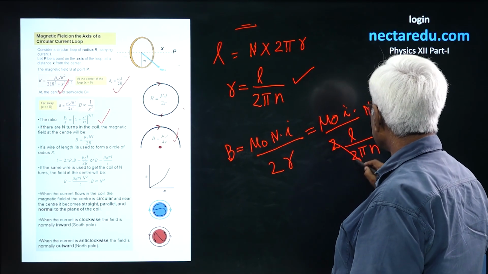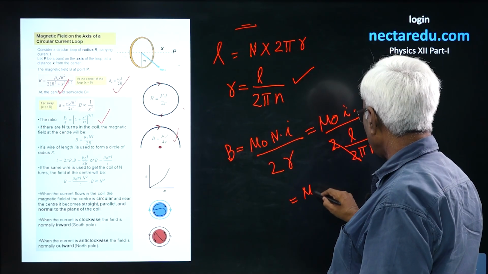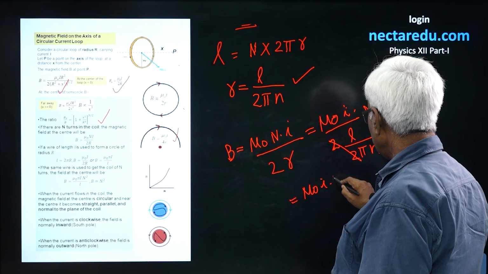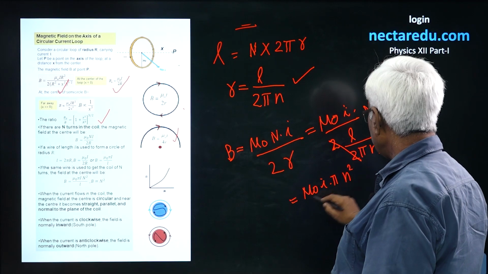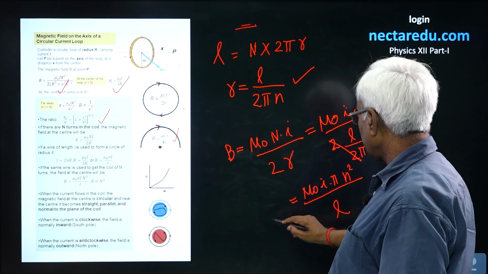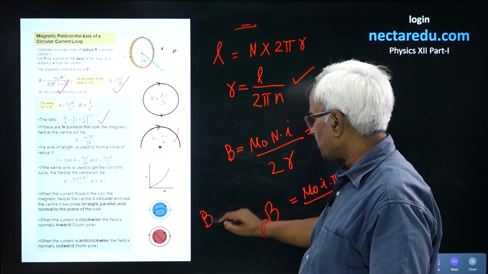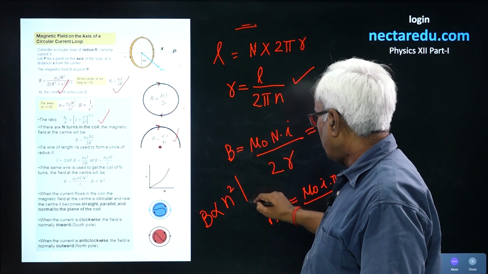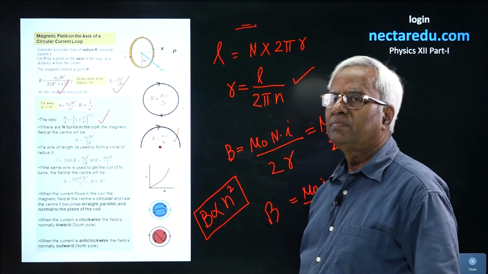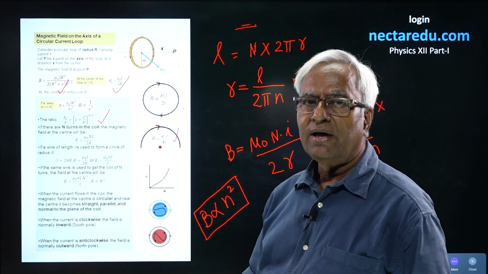You see, 2 gets cancelled, this is mu naught I pi n square upon L, this is B. What's important here is that B is proportional to n square. Magnetic field is proportional to n square.